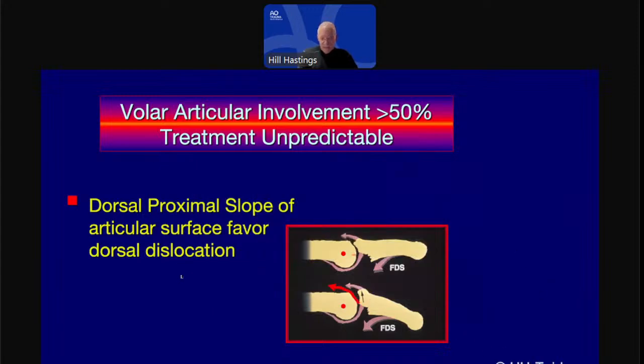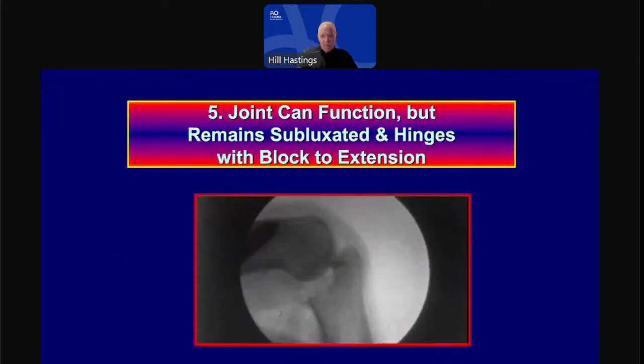So again, it's the dorsal remaining slope with the lack of a guiding palmar buttress that causes these to dislocate. If you interpose something, they can still work. They can hinge on that apex and they can flex and glide, but the apex will tend to block the digit from extending.